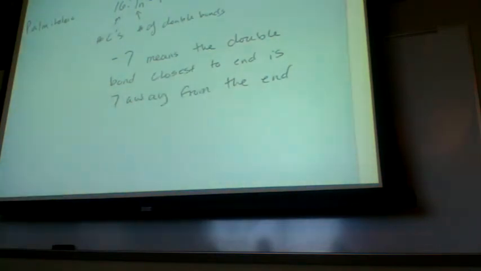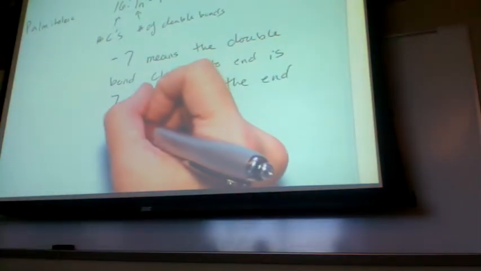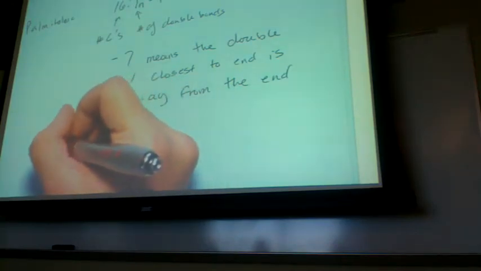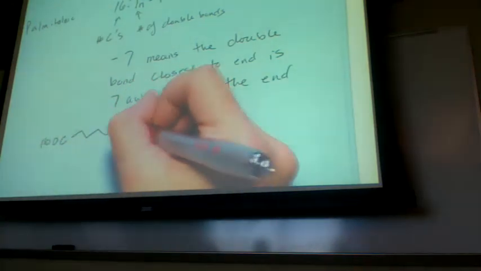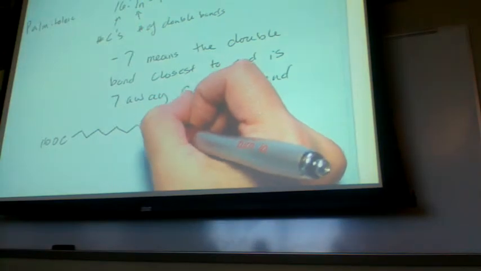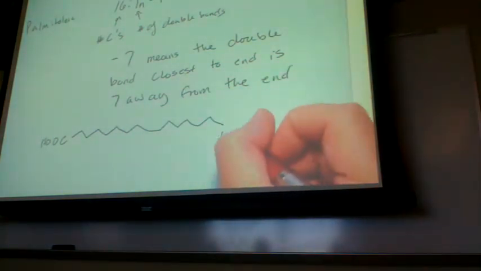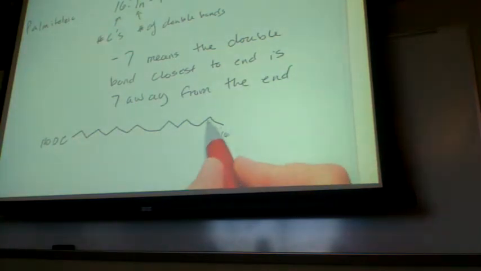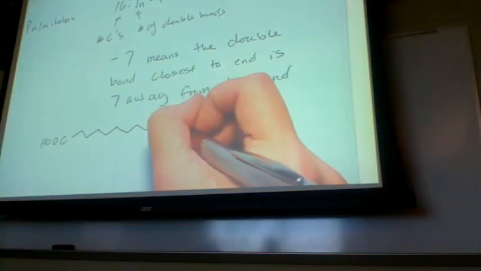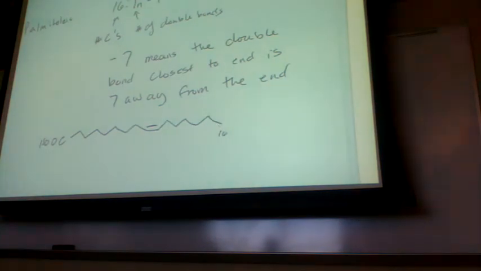Okay, and that works. So for the palmitoleic, the 16 carbons long, I count backwards, 1, 2, 3, 4, 5, 6, 7, then I get that double bond. That works for the polys.